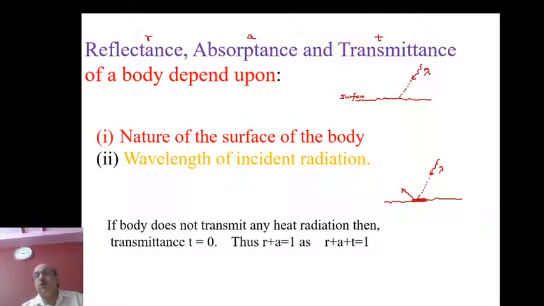But it does not transmit. So we will say the reflectance is there, the absorptance is there, but the transmittance is 0. The object is not transmitting the radiation. So the equation becomes R plus A is equal to 1.